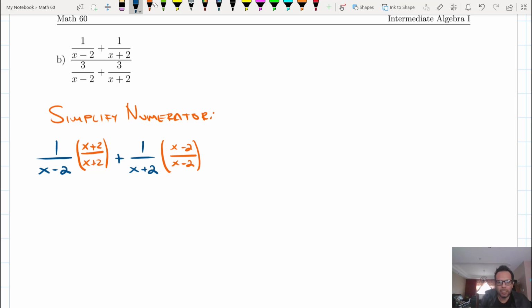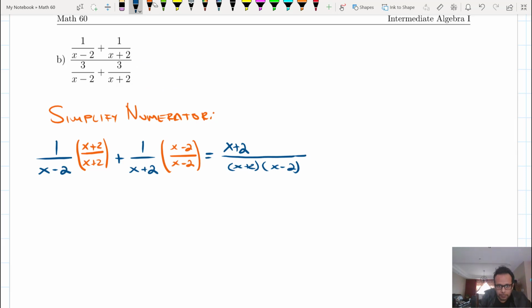Okay, so observing the denominators of each fraction, we can see that we have the same denominators now. So at this point, we can go ahead and write a big fraction with the LCD in the denominator, x plus 2 times x minus 2, okay? And in the numerator, 1 times x plus 2 is just going to be x plus 2, right?